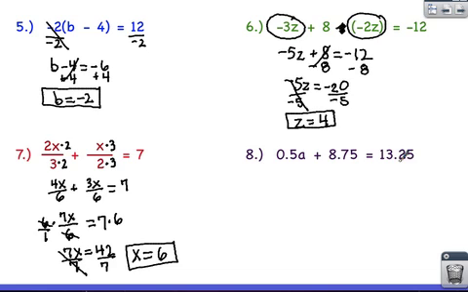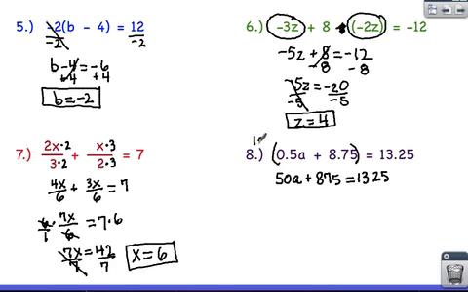Notice that if we were to multiply by 100, that would get rid of all of these decimals. 0.5 times 100 would be 50A, plus 8.75 times 100, which would be 875, equals 13.25 times 100, which would give us 1,325.